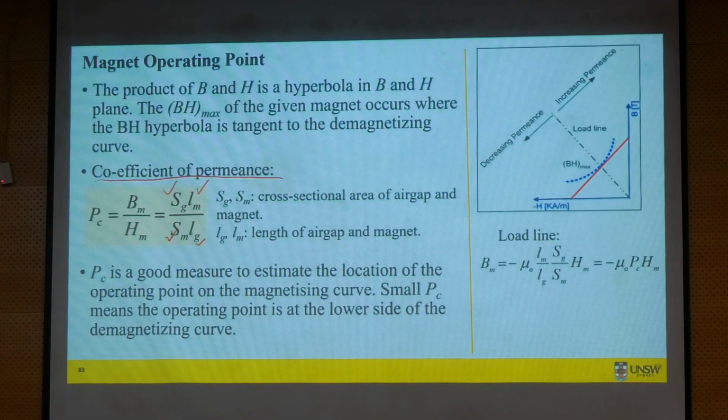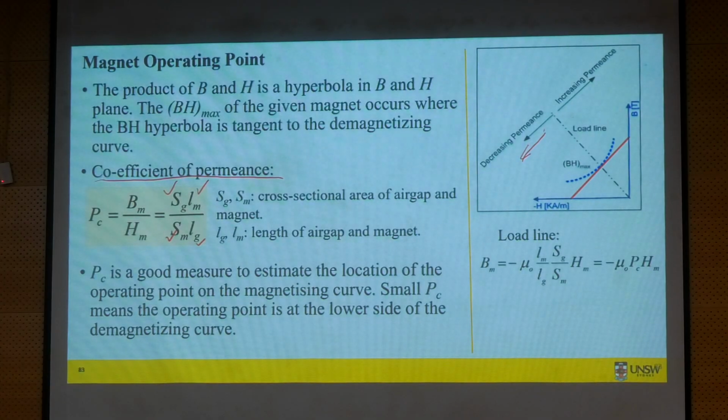So the permeance coefficient, if it is decreasing in your design, that means you have higher demagnetization risk, okay. And if it is going up, it's better, okay.